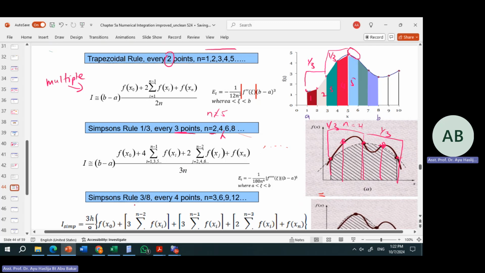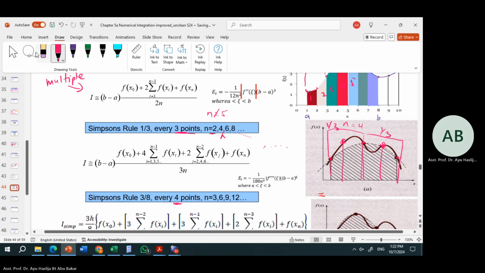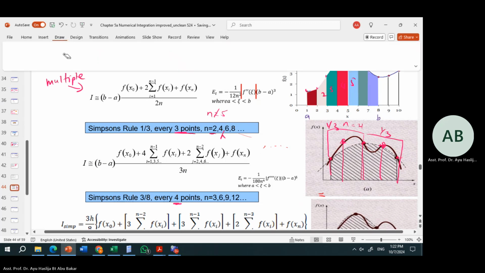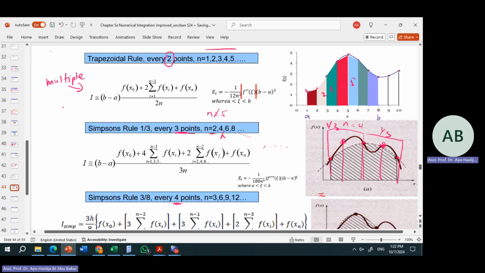Same thing for Simpson 3/8, every 4 points. Every 4 points are 1, 2, 3, 4.